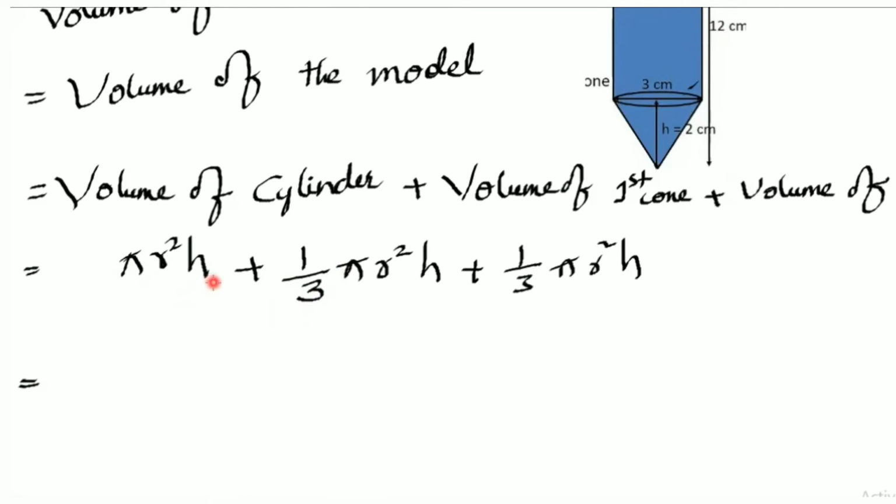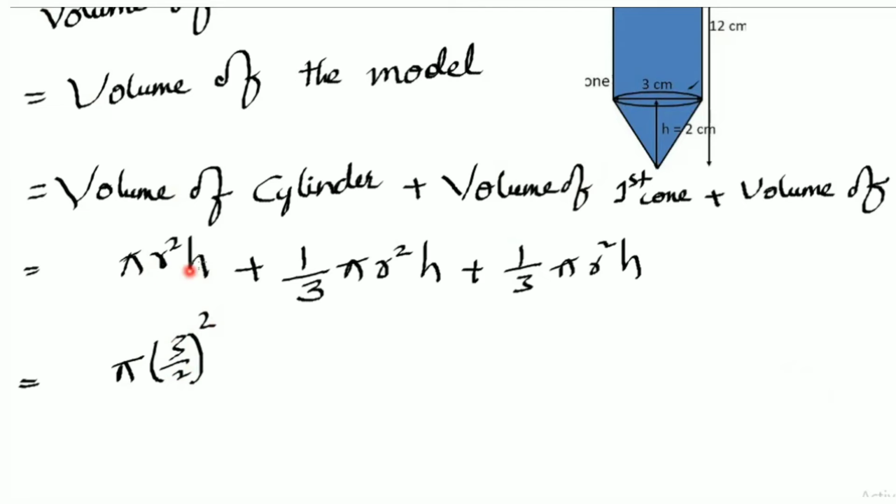So pi r square h. Pi is pi, r is, we can write here, they are given diameter 3, so I can write r is equal to 3 by 2 directly. Yes, sir. Okay, I will write. r is equal to 3 by 2, 3 by 2 whole square. And what is h?